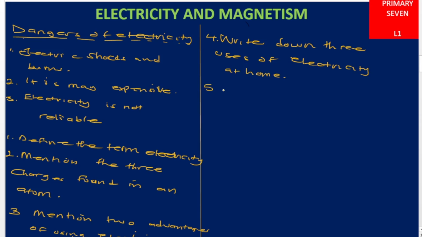Number 5, give 3 examples of appliances that use electricity at home.